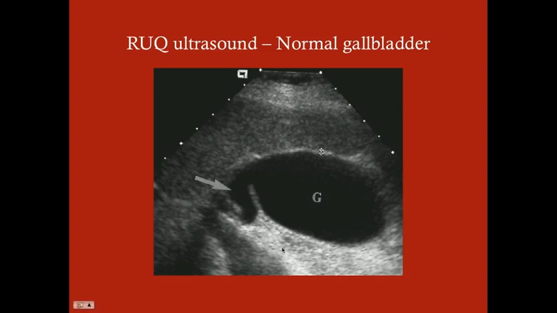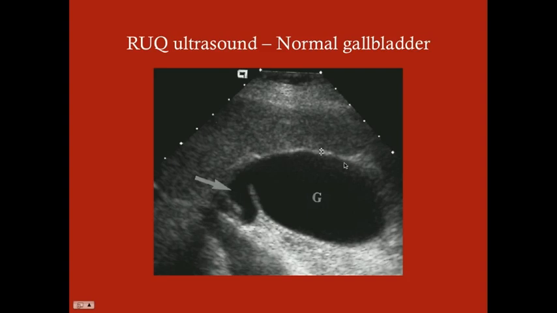So here's a normal gallbladder. And what I want to point out is, of course, the gallbladder here, which we don't see anything in it on the ultrasound, and then the wall of the gallbladder. The wall of the gallbladder is just this echogenic line that comes around the gallbladder. You see it a little better here because it's up against the parenchyma of the liver.